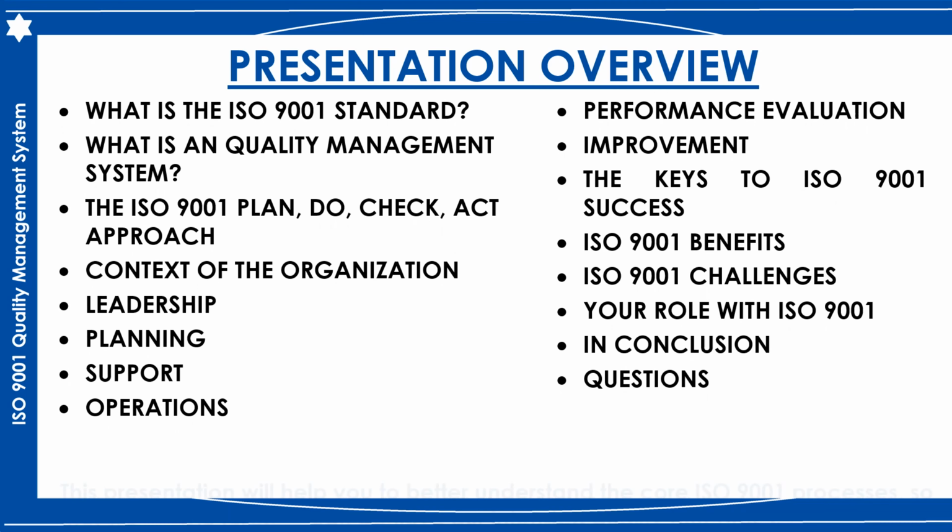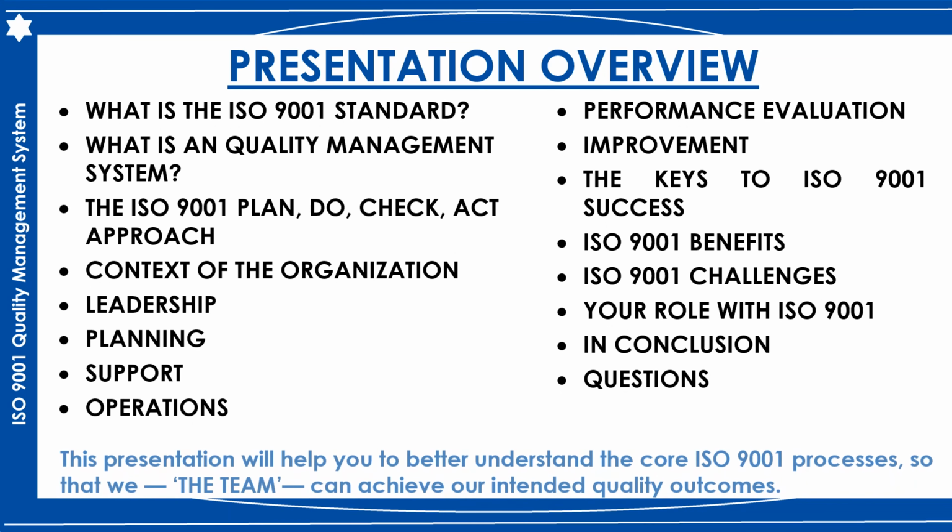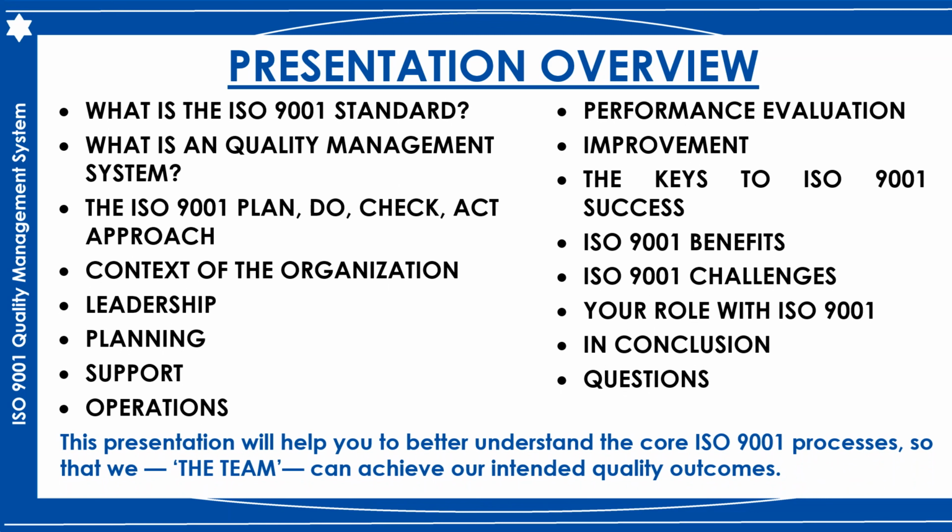The presentation overview. What is the ISO 9001 standard? What is a quality management system? The ISO 9001 plan, do, check, act approach. Context of the organization: leadership, planning, support, and operations.